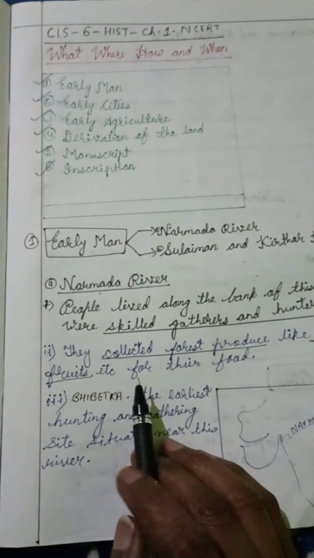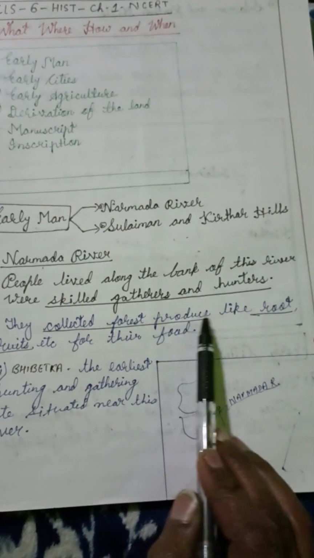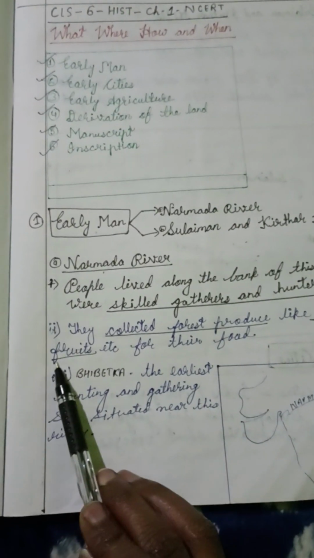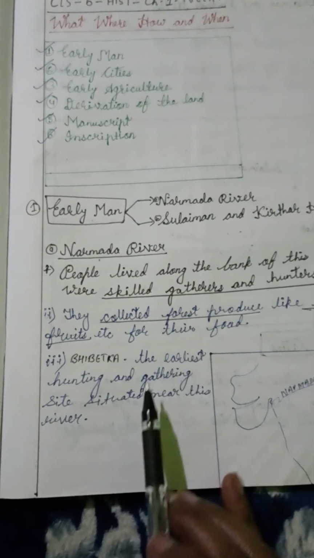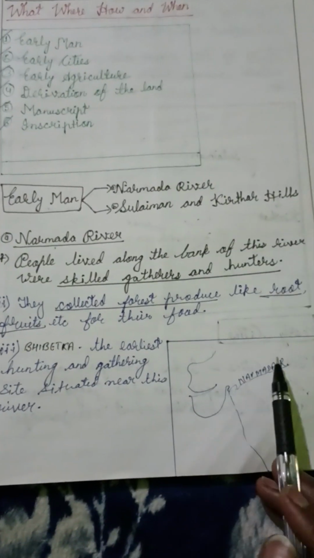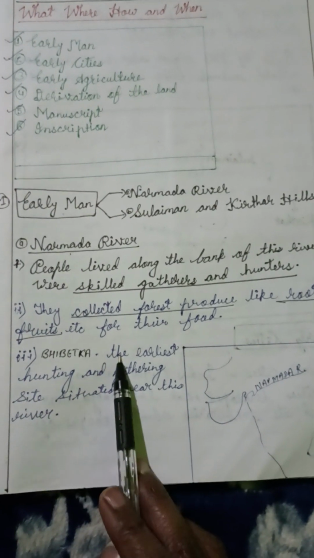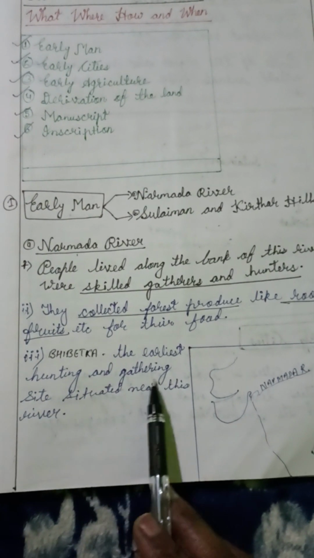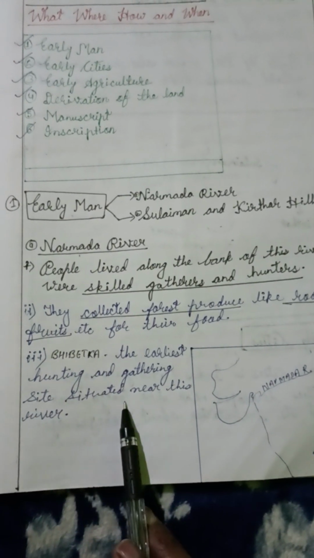Okay, so next point, they collected forest produce like roots and fruits for their food. Third, near this Narmada River, the earliest hunting and gathering site, that is Bhimbetka, was situated.